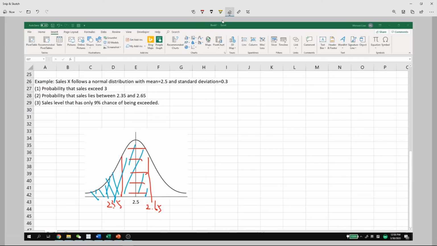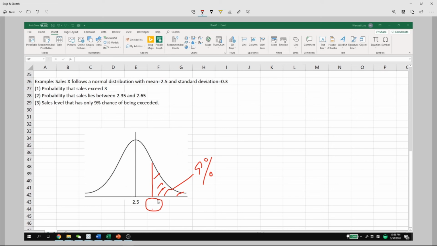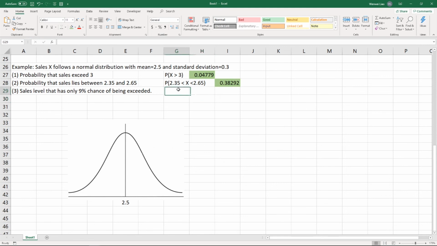We can go back to the graph. We want to calculate, so now here is 9%, and we want to calculate the number here. We go back to Excel.